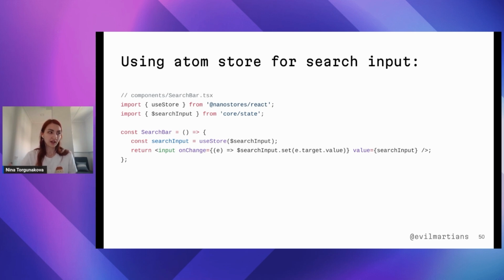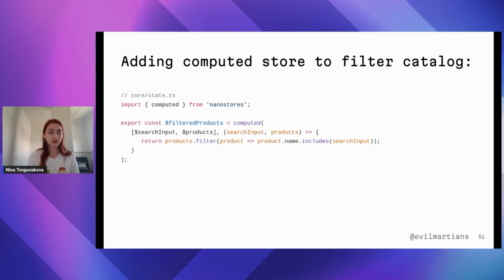Okay, we made the search input and connected it with store, but we need also to connect it with our list of items. And that's also simple. Here we need to use a computed function from Nano Stores library.